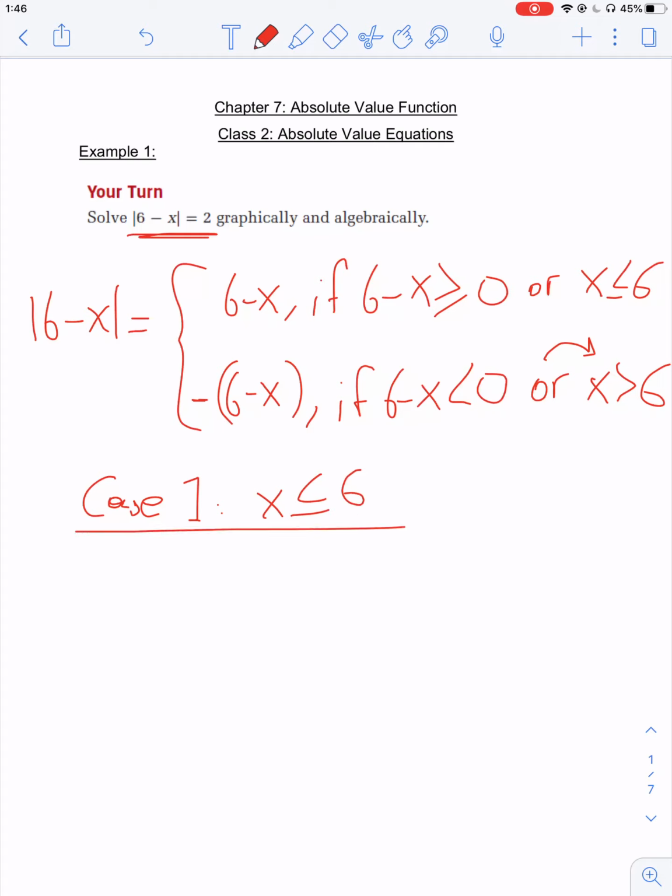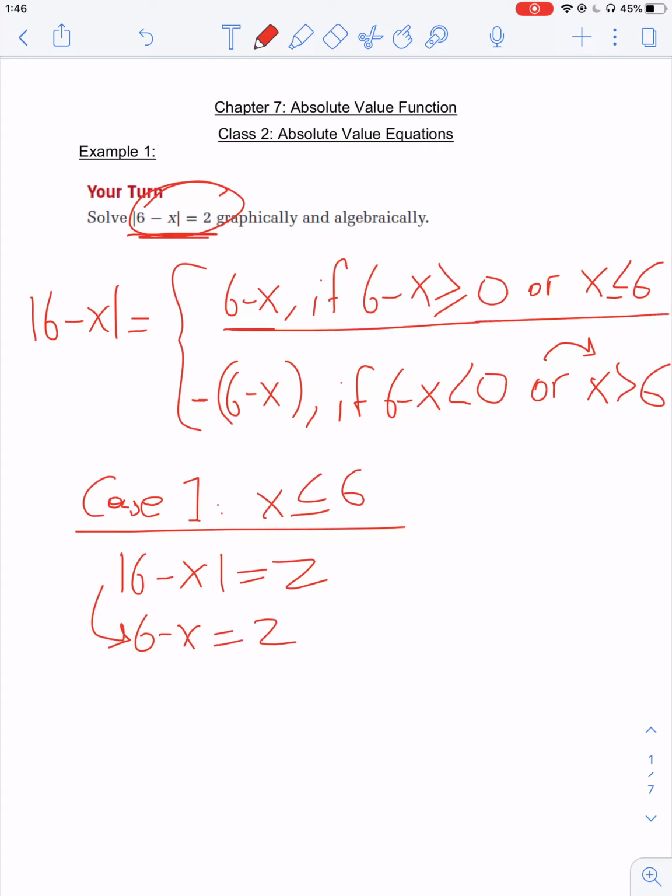If x is less than or equal to 6, then absolute value of 6 minus x equals 2, right? I'm going back to the initial question. It will be 6 minus x is equal to 2. It's the same as that. Why? Because of my definition, right? Over here. Using this fact, I can replace this absolute value by this expression, okay?